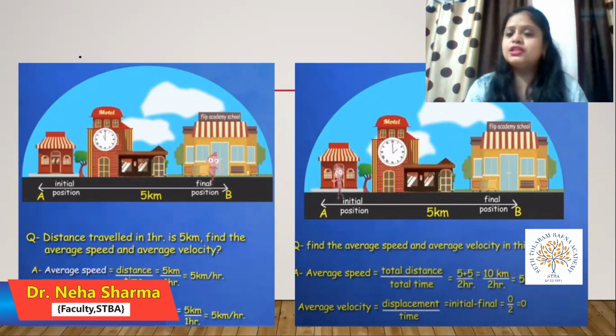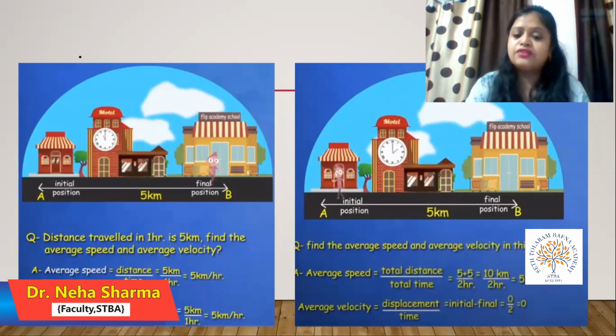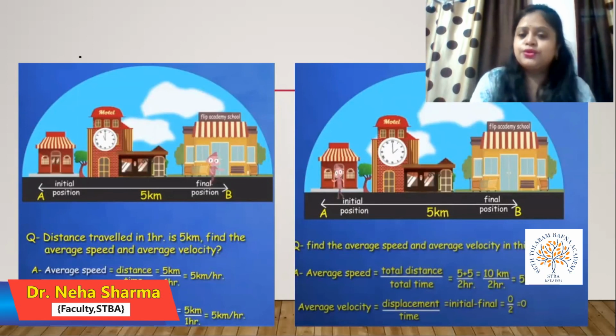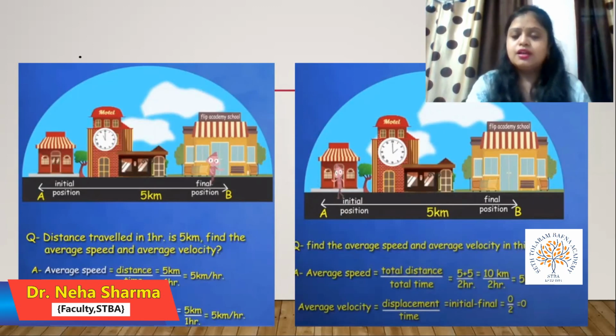So the average speed is 5 kilometers per hour. But because the initial and final points are the same, the displacement is 0 over 2 hours, so the average velocity is 0. I hope it is clear how average speed and average velocity are calculated from given data.